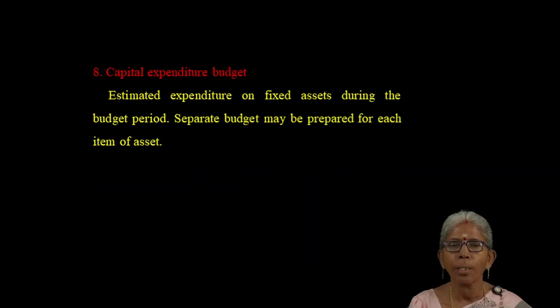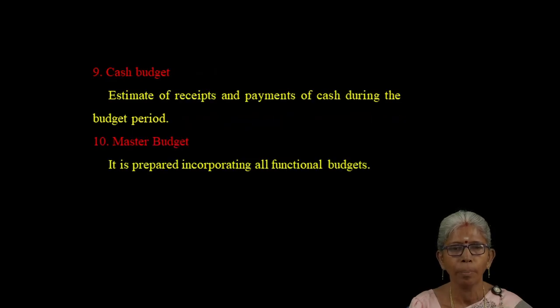Capital expenditure budget. It is the estimated expenditure on fixed assets during the budget period. Fixed assets means land and building, plant and machinery. A separate budget may be prepared for each item of asset. Cash budget.